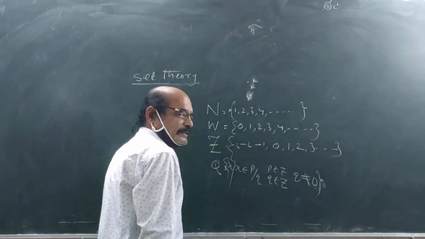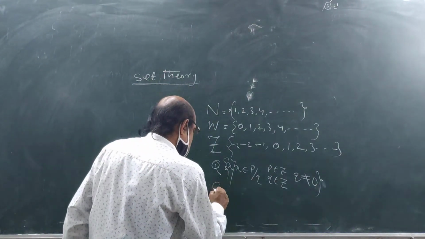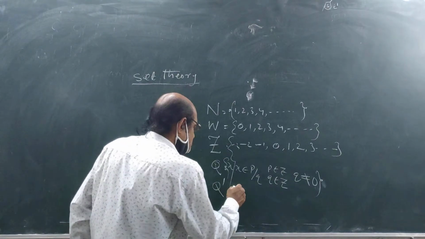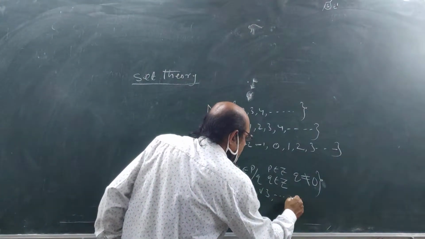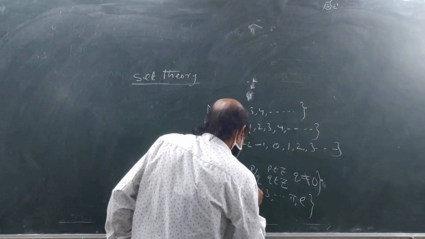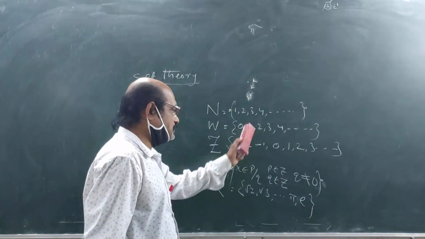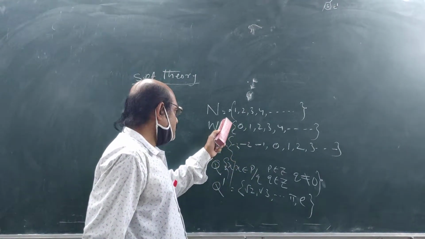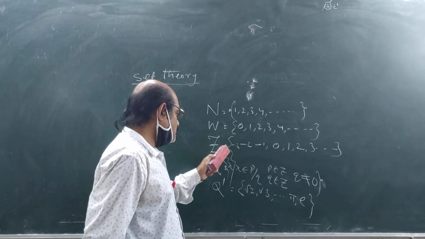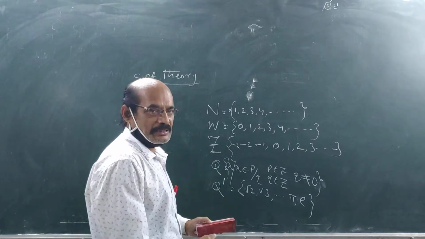This is the set of rational numbers. Similarly, the irrational numbers Q dash are root 2, root 3, pi, e. These are known as irrational numbers. So these are the different types of sets: natural numbers, whole numbers, integers, rational numbers, and irrational numbers.